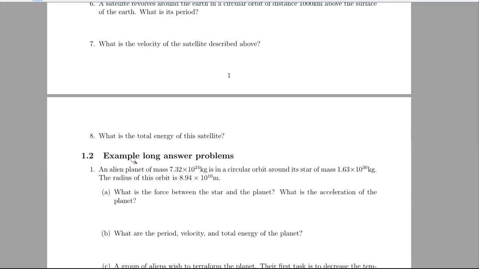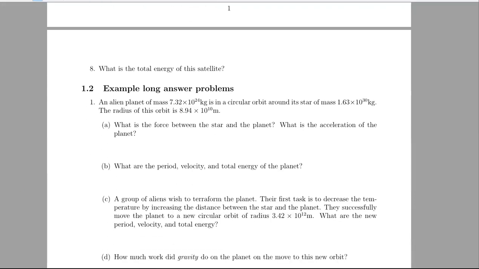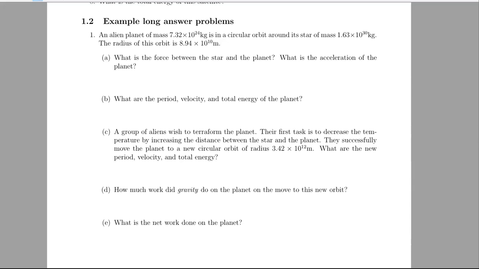All right, so that's it for the short answer questions. Now for some long answer questions. Starting with 1, an alien planet has a mass of this, and it's in a circular orbit around its star, which has this mass, and the radius of the orbit is this thing. So the radius of the orbit is the distance from the center of mass of the planet to the center of mass of the star.